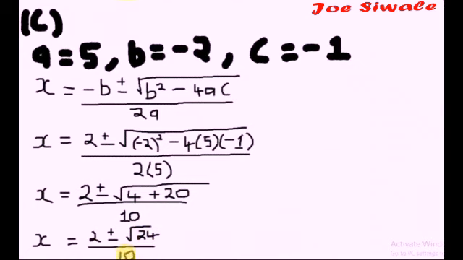And the square root of 24 is 4.89898. So x equals 2 plus or minus 4.89898 over 10.